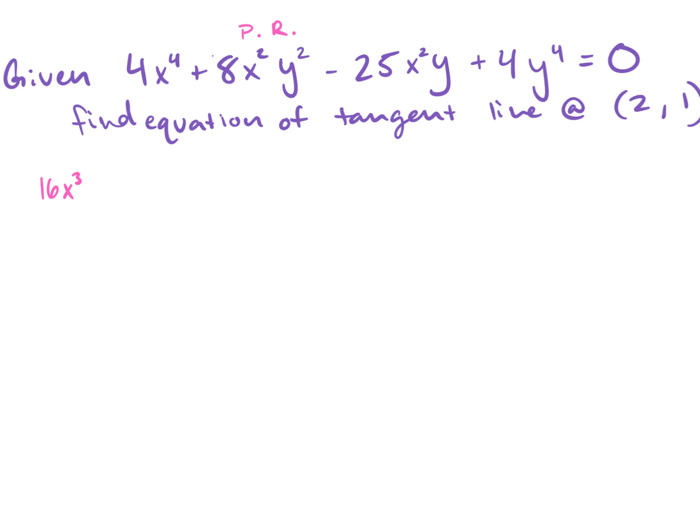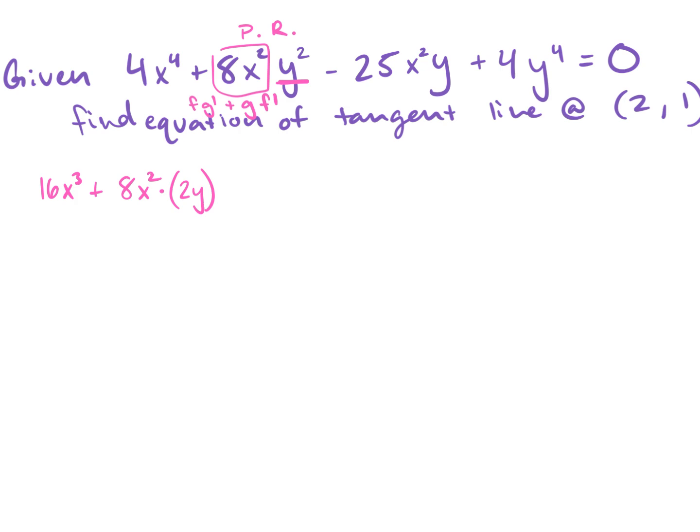So I'm going to call my first term 8x squared, and my second term y squared. The first times the derivative of the second plus the second times the derivative of the first. So our first is 8x squared times the derivative of the second. What's the derivative of y squared? 2y.